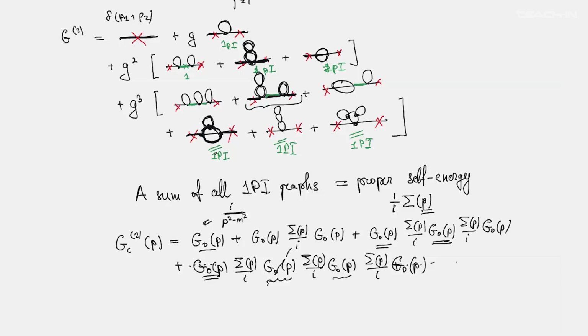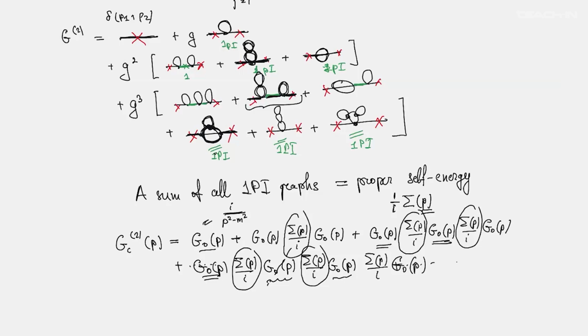It's done in the form of one distinguished quantity, which is called the proper self-energy. And proper self-energy is a sum of all one particle irreducible diagrams, so those diagrams which cannot be made disconnected by removing a single internal line.